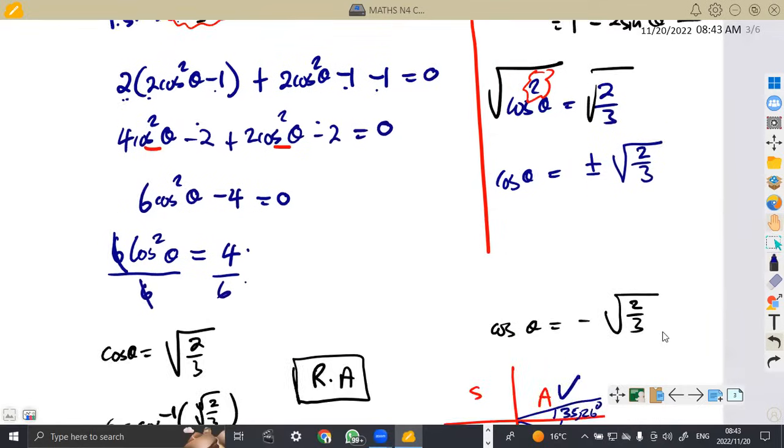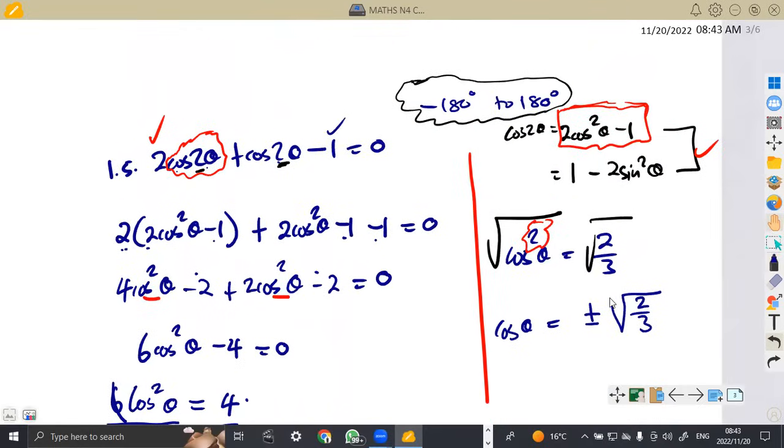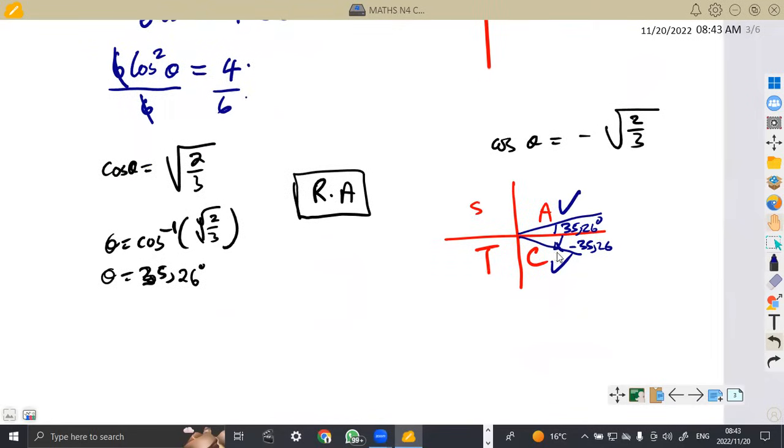Remember, your interval is from minus 180 to 180, which means we can also include negative angles. The other one is already more than 180, so we are not going to use that one. We're going to take the negative one. So our theta was going to be equal to 35.26 degrees and minus 35.26 degrees. That is where our cos is positive.